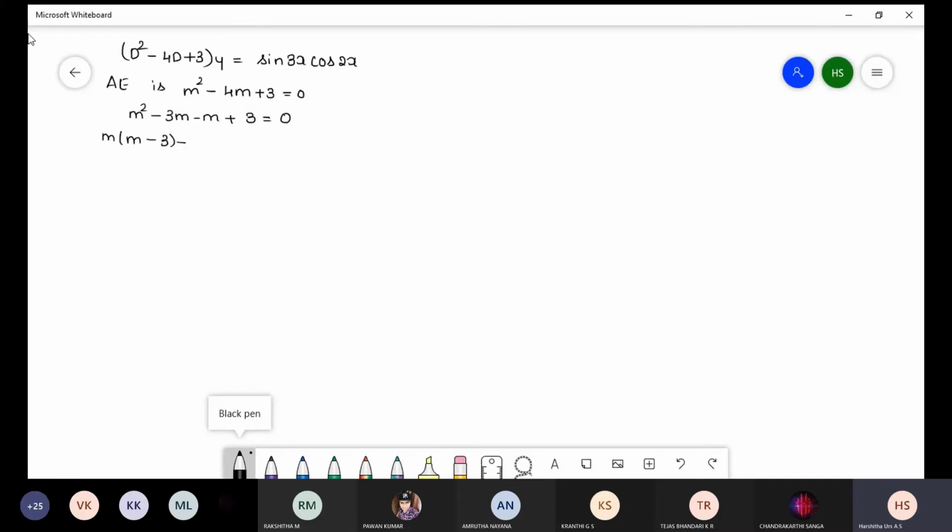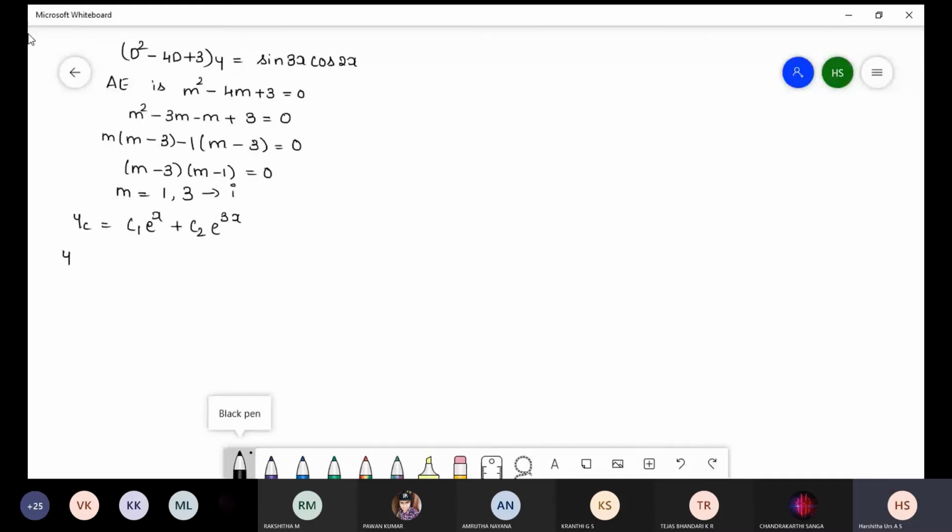In the third and fourth, I take minus 1 as common, so we get minus 1 of m minus 3. So m minus 3 into m minus 1 is equal to 0. Roots are m is equal to 1 and m is equal to 3. Both come under case 1. So yc is equal to c1 e power x plus c2 e power 3x.